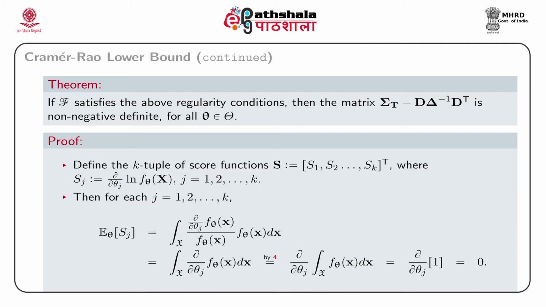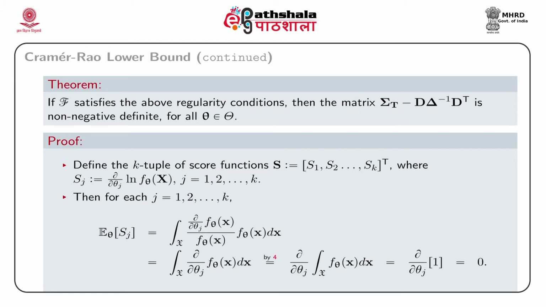Then for each i equals 1 to k, we have expectation of Si is equal to integral 1 by f theta x into del by del theta i f theta x into f theta x dx, which is equal to integral del by del theta i f theta x dx.